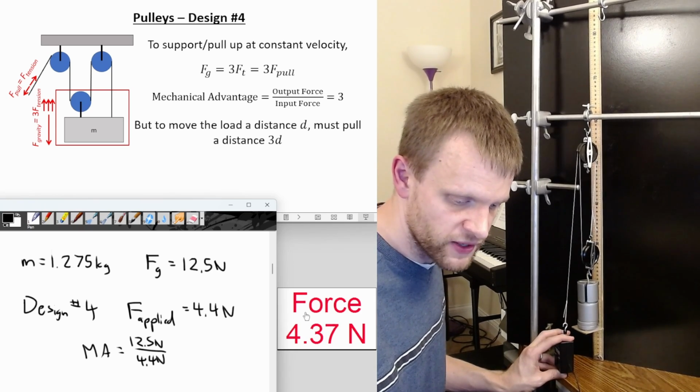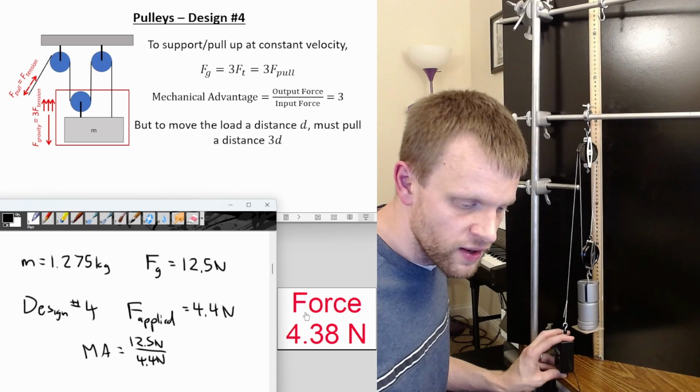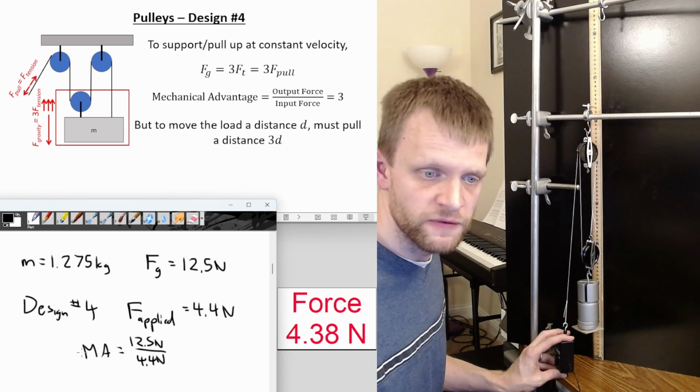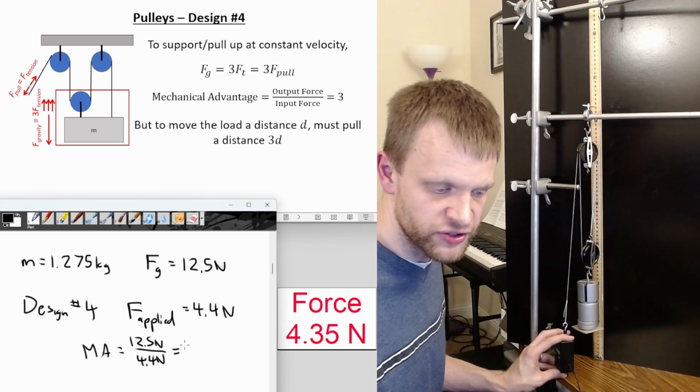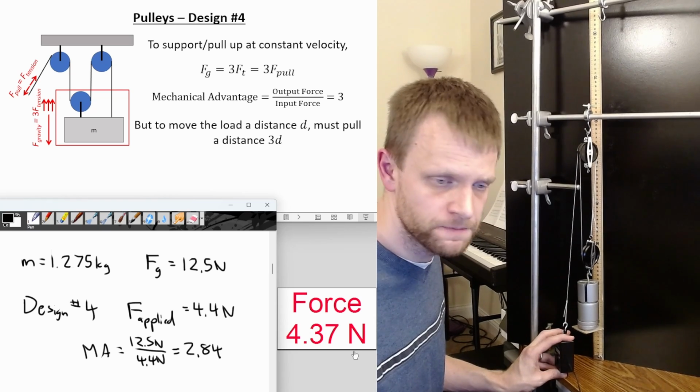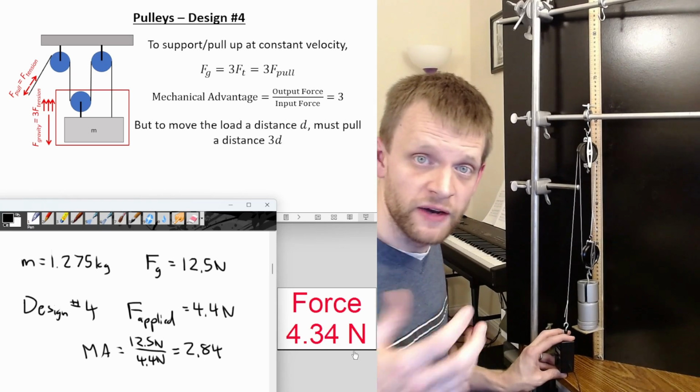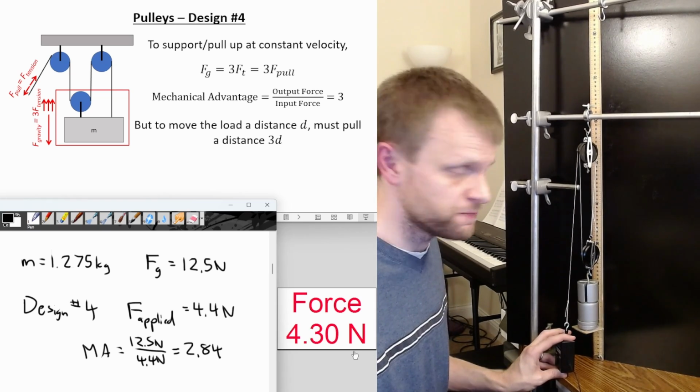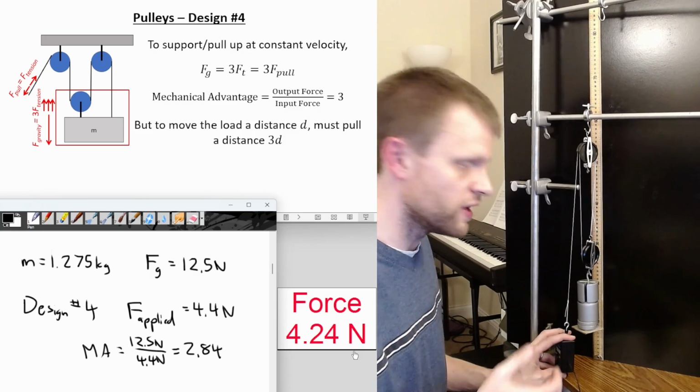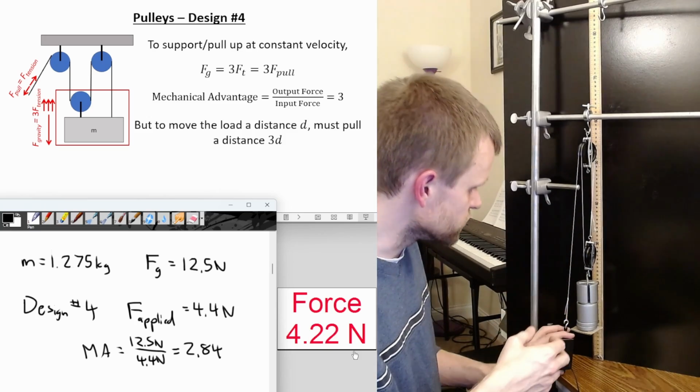So 12.5 divided by 4.4, I get 2.84 for the actual measured mechanical advantage of this system. 2.84. Again, not far off from the 3 that we were expecting. And again, we always expect a little bit of loss due to friction, other forces like that.